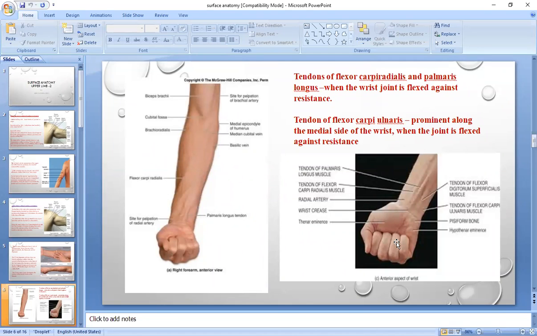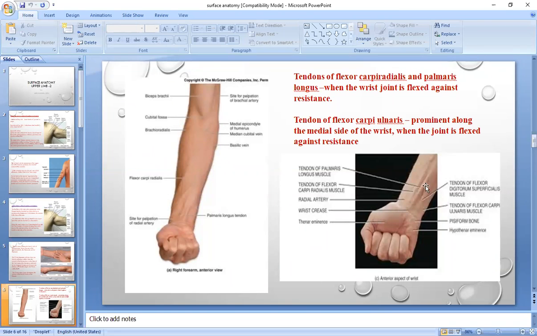Because important structures are present in between and lateral to the flexor carpi radialis. Can you guess what structure lies between the flexor carpi radialis and palmaris longus? It is a nerve. What is that nerve? Median nerve. Okay, so in the space between the flexor carpi radialis and palmaris longus, you can identify in the deep groove the median nerve.